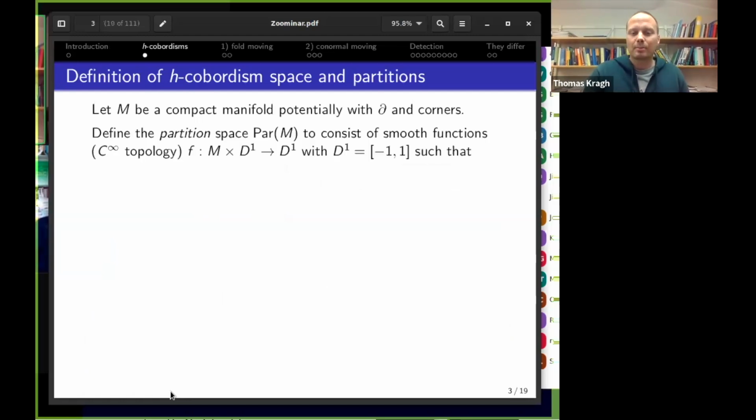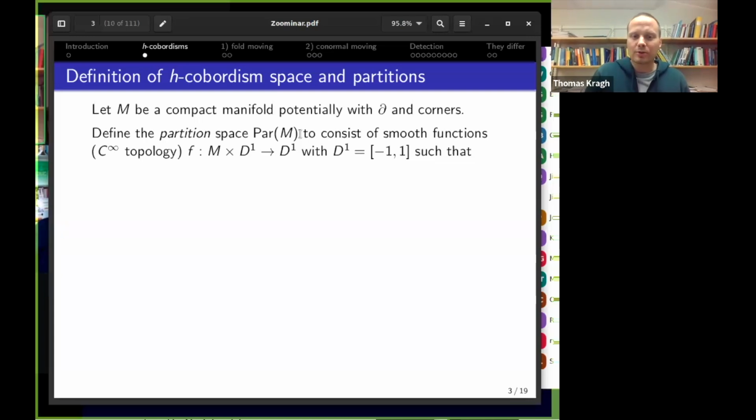Then we define the partition space of M. When Waldhausen defined these spaces, he defined them more like the pictures I'm going to show in just a second. But for the purpose of creating the Legendrians and working with these, it's convenient to describe it as functions. And I will explain how it translates.